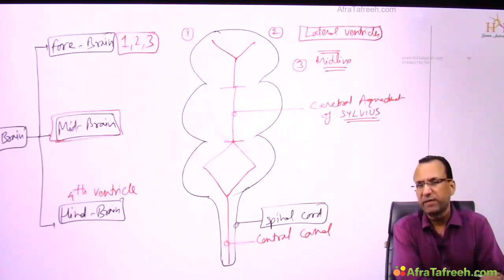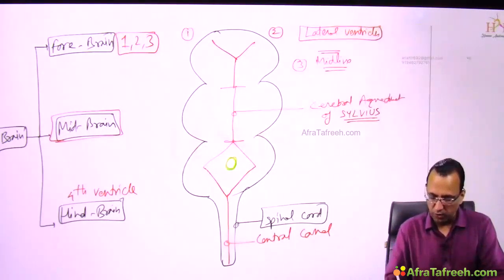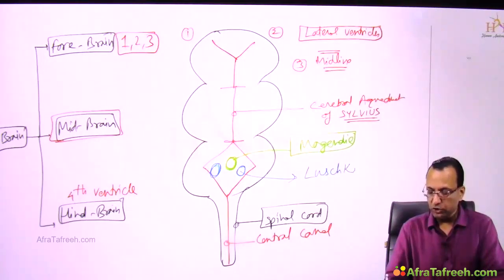How does CSF escape the ventricular system? You find that there is a midline opening and then there are two lateral openings also. What are you talking about? Actually, there's a midline opening which is the Magendie foramen, and there are two lateral openings which are called the foramina of Luschka.